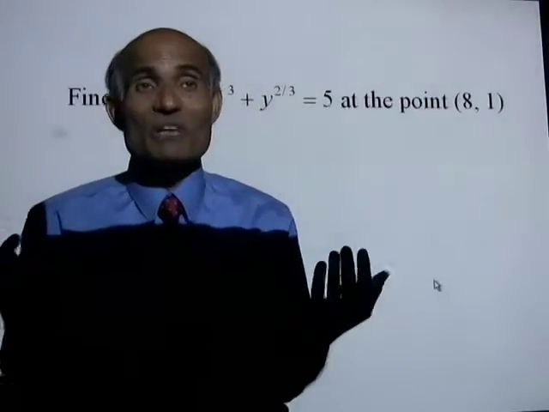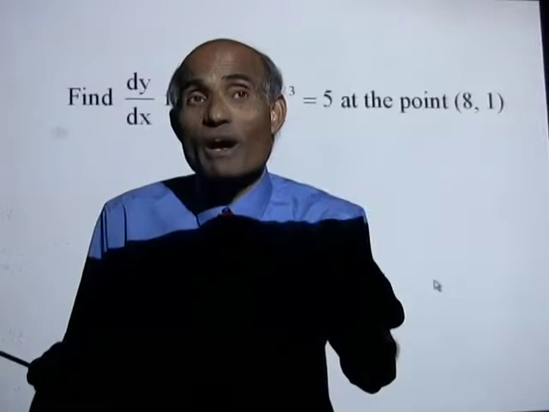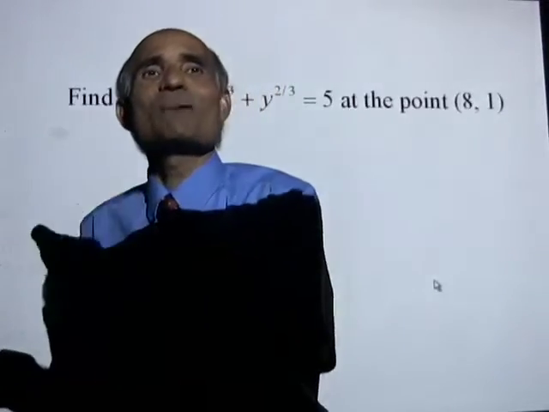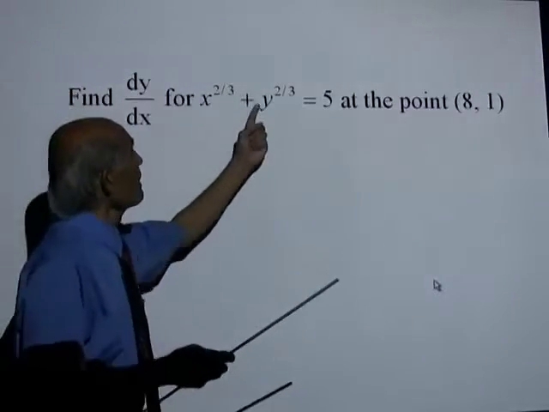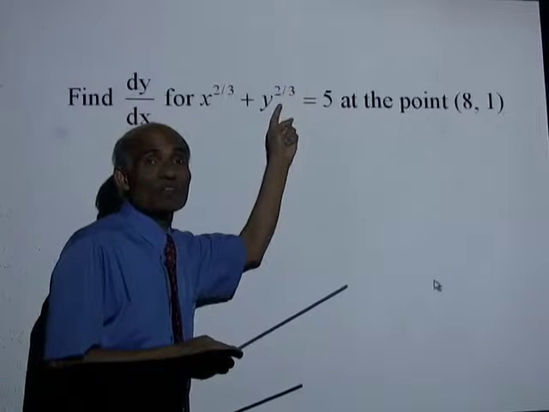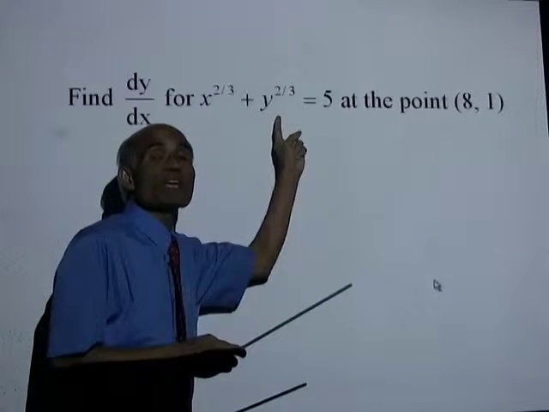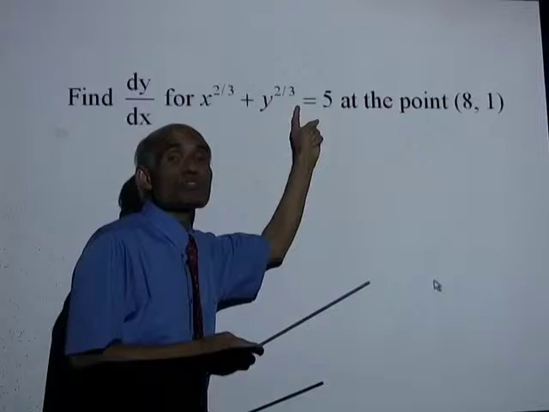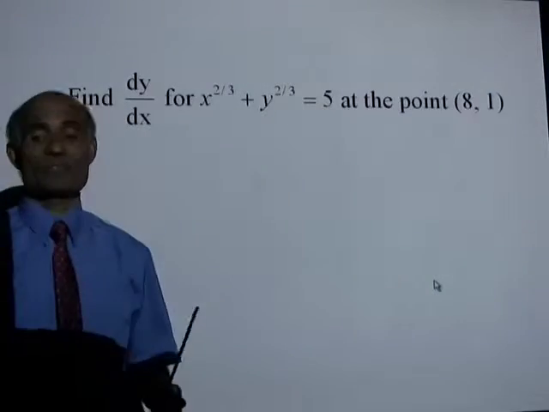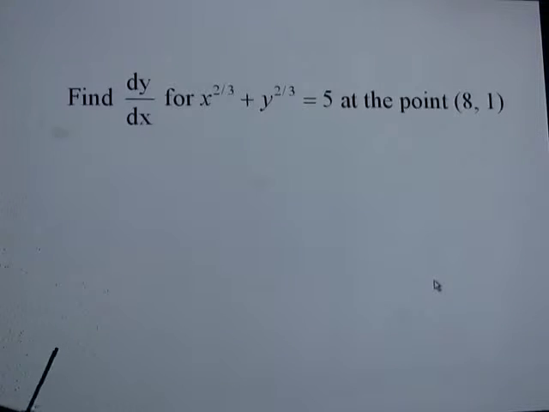Because the derivative of y squared with respect to x is 2y dy by dx. The derivative of y to the power of 2/3 with respect to x is 2 over 3 y to the power of 2/3 minus 1 times dy by dx. Alright, let's write them down now.